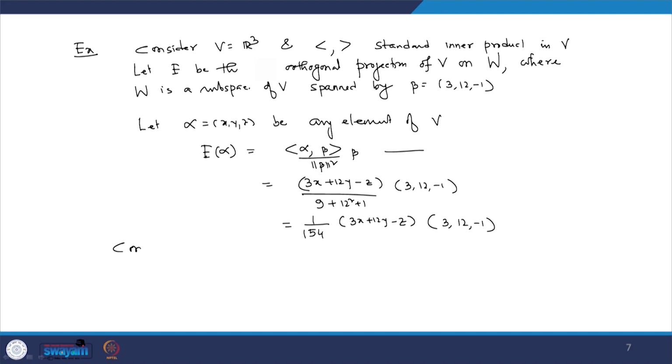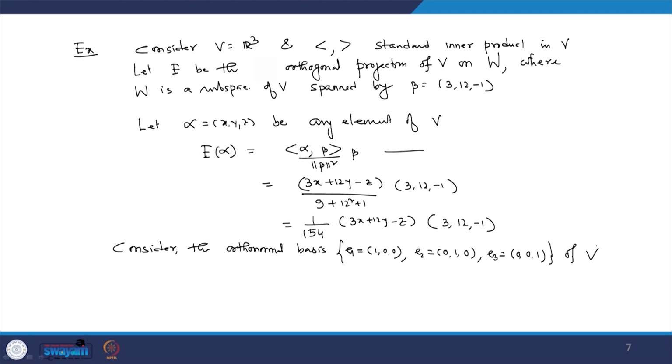So, consider the orthonormal basis of V: E1 equal to (1, 0, 0), E2 equal to (0, 1, 0), E3 equal to (0, 0, 1).